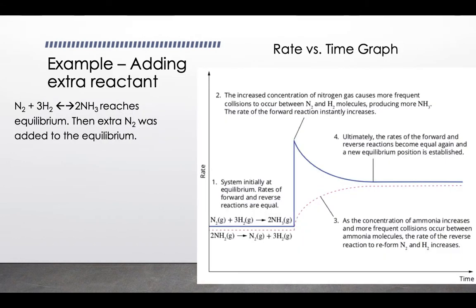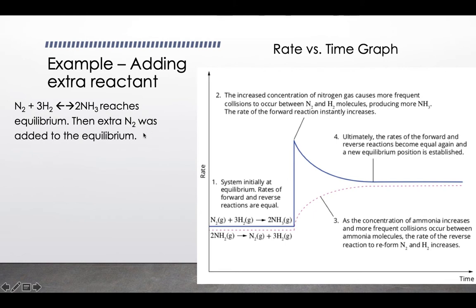Okay. Here's an example of when we added a reactant. The reaction is nitrogen reacting with hydrogen to produce ammonia, and this reaction has already reached equilibrium. Then, without changing the volume, we added extra nitrogen.